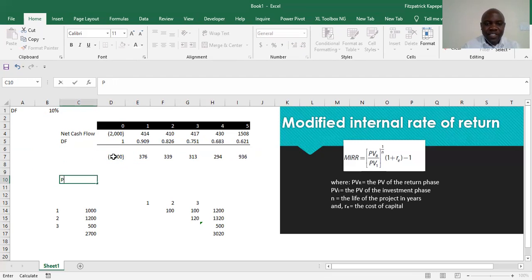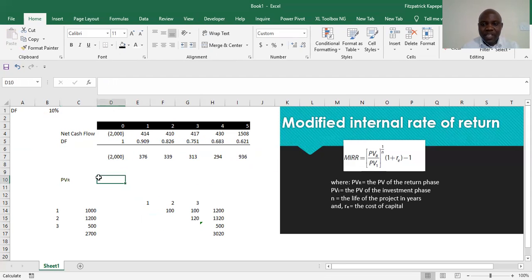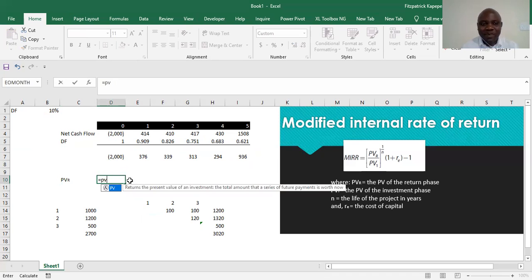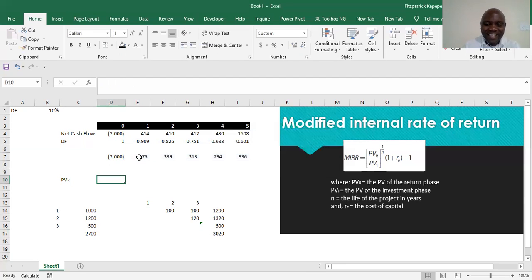So your present value, which we are calling PVR, is the present value, not net present value, meaning that you ignore the initial outlay.